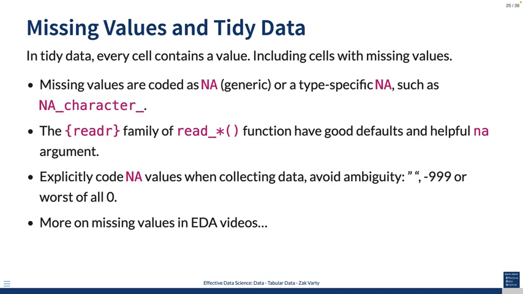A little note on data collection here is to try and influence whoever is collecting or recording this data to encode NA values in some sensible way. And the key here is really to avoid ambiguity. So if a cell that is missing is just left empty, there's no indication of why that cell is empty.